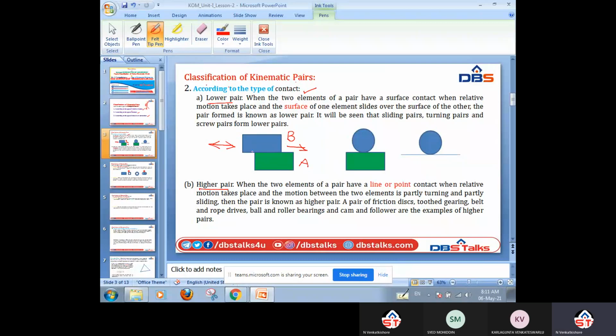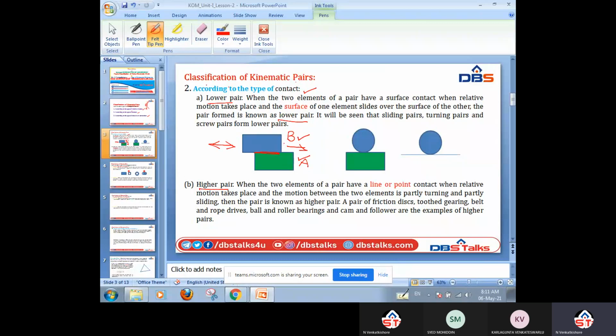During this motion, the contact between these two is such that the entire surface of B is in contact with the surface of A. So whenever the two elements of a pair have surface contact with relative motion, and the surface of one element slides over the surface of another, then the pair is called a lower pair.